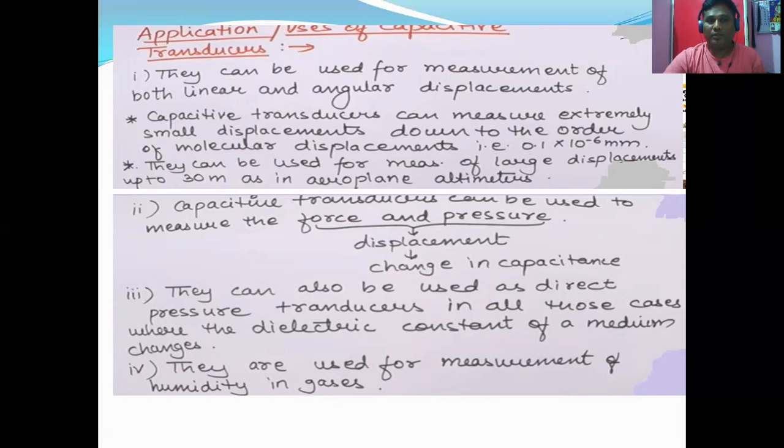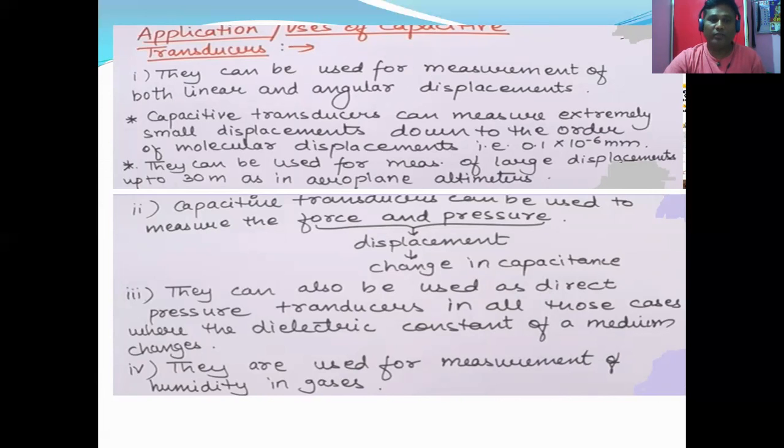Capacitive transducers can measure extremely small displacement, down to molecular displacement. They can also be used for large displacement up to 30 meters, as in aeroplane altimeters.